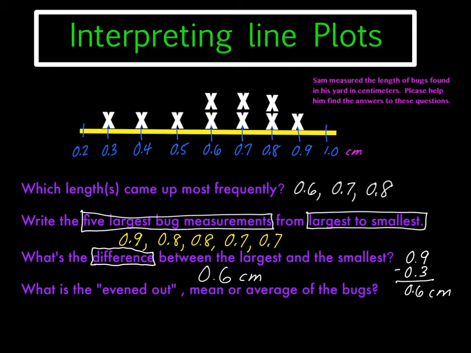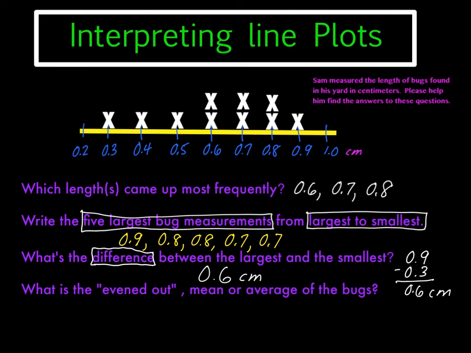And this last question, the book likes to use a term called evened out. In the math world, we like to call this the mean or the average of the bugs. Okay? So what this means is, what is the even out or the mean or average of the bugs?